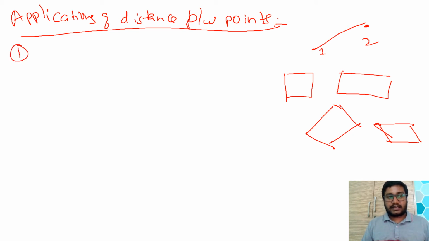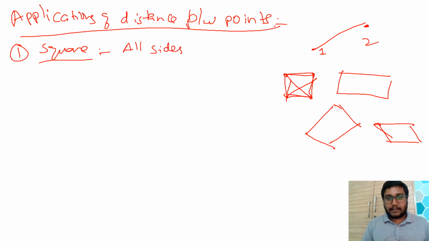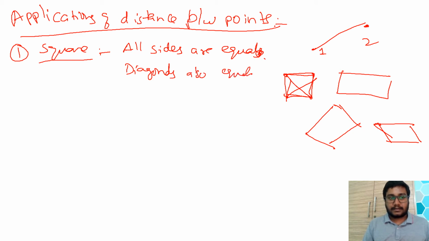First, for a square, all the four coordinates are given to you. See, these are the sides and these are diagonals. All sides are equal, and the diagonals are also equal to each other.